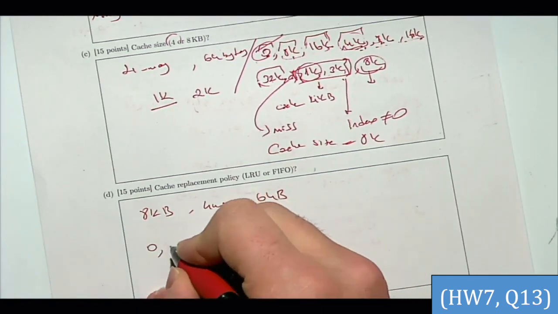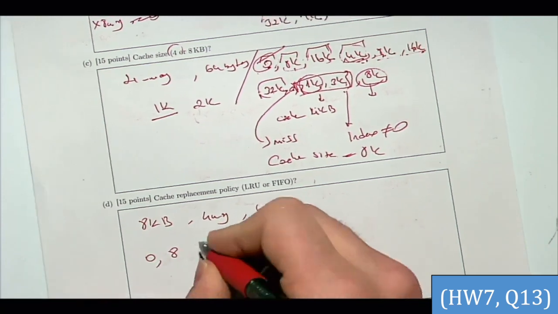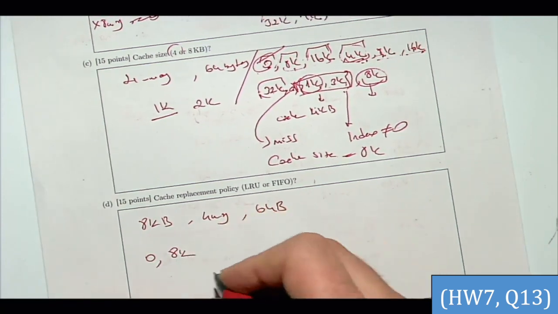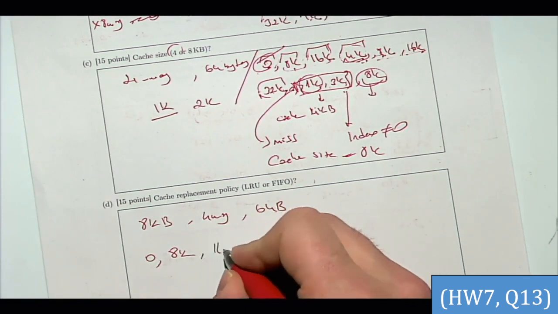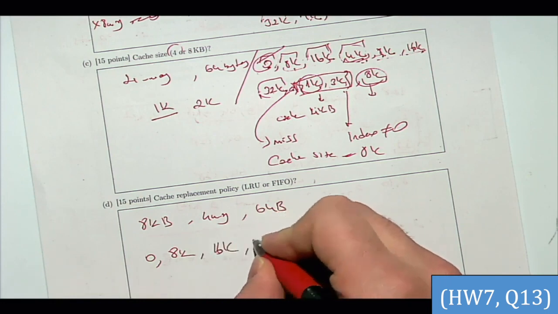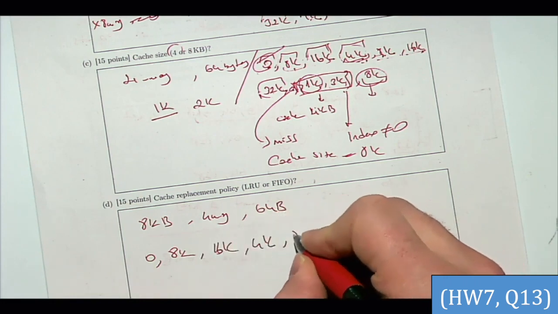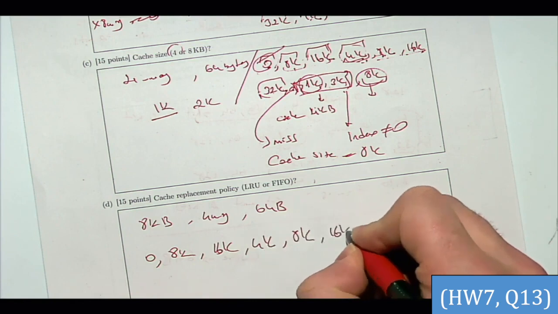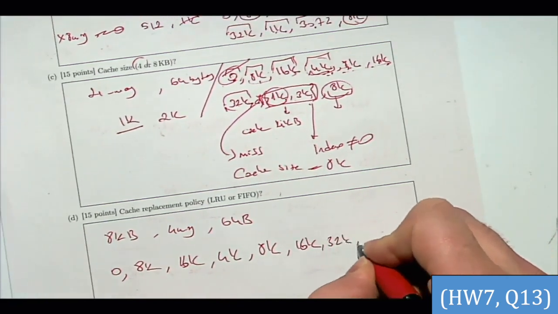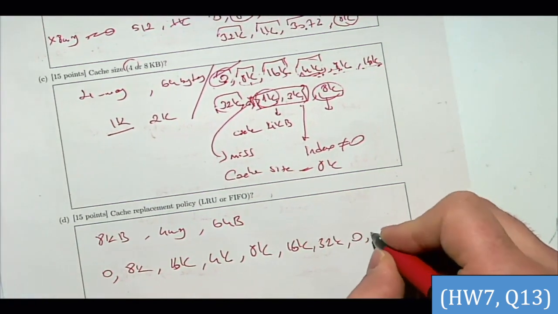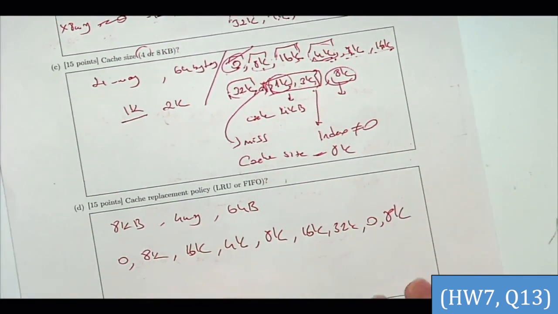So I'm again writing all the address accesses that will map to the index of 0 in a sequence. 8K, 16K, 32K, 0, and 8K. And this is 4-way, right?